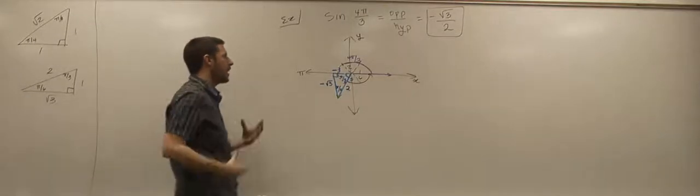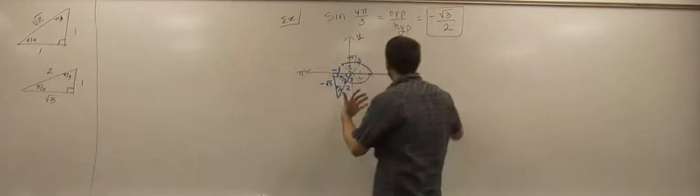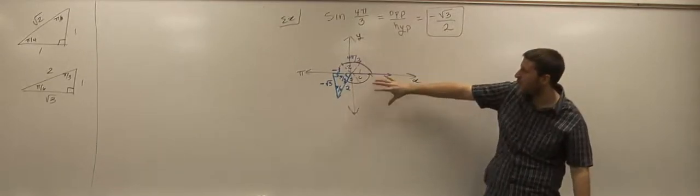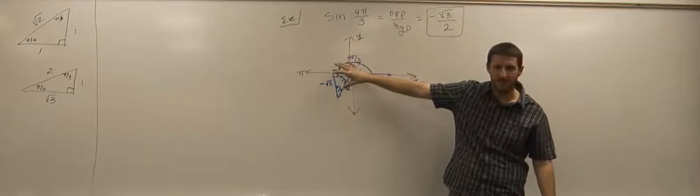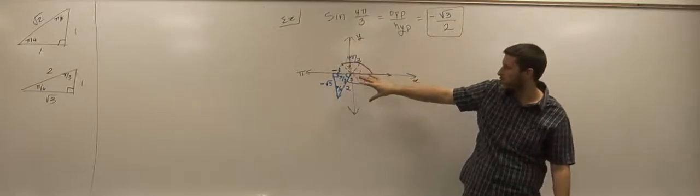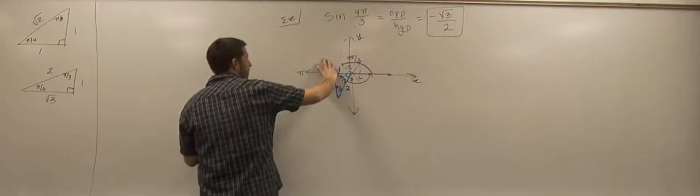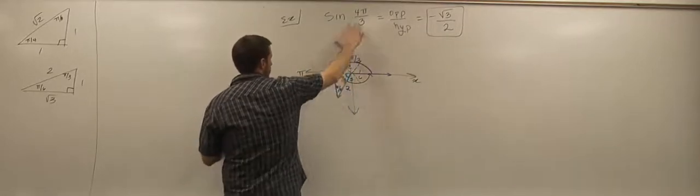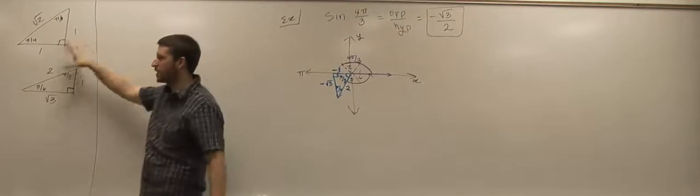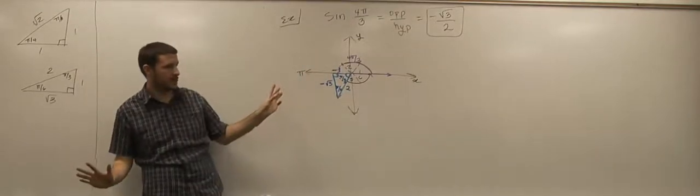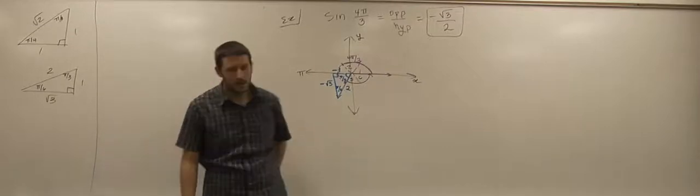But for now, I really want you to actually understand what's going on, where these numbers are coming from, and why they're negative. So for this section at least, we're going to draw this picture whenever we want to find a trig function of a certain angle. We'll draw the picture, label the triangle correctly, and find opposite over hypotenuse or whatever we need. But questions?